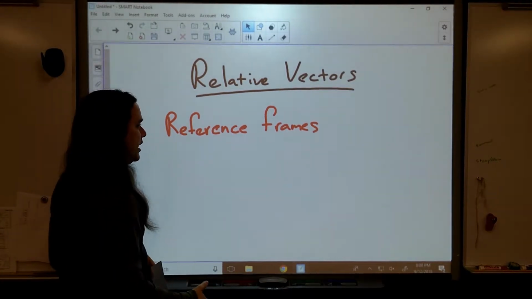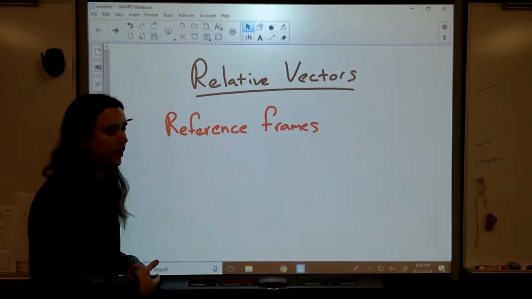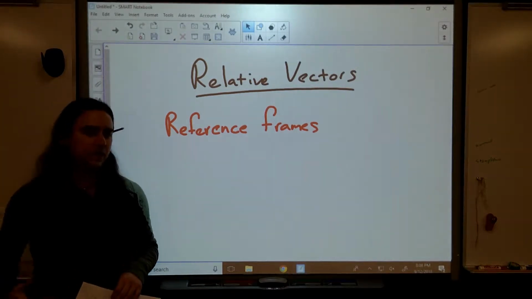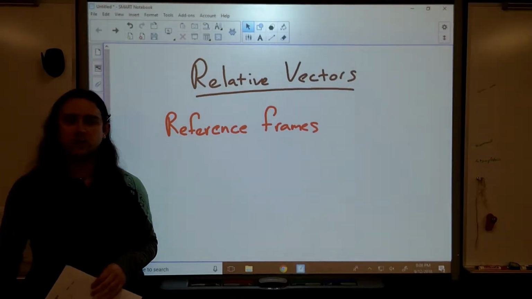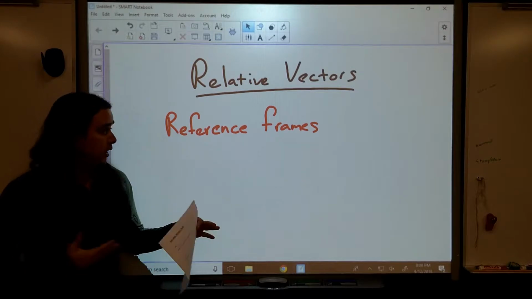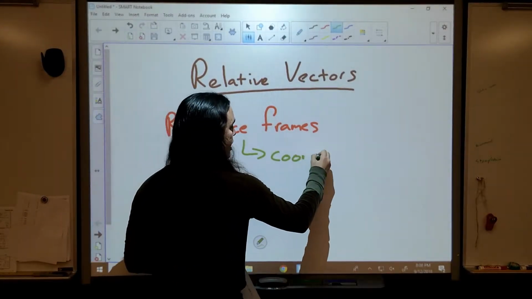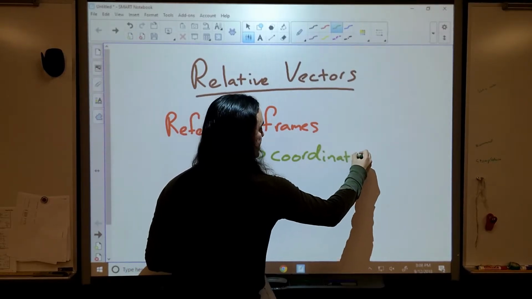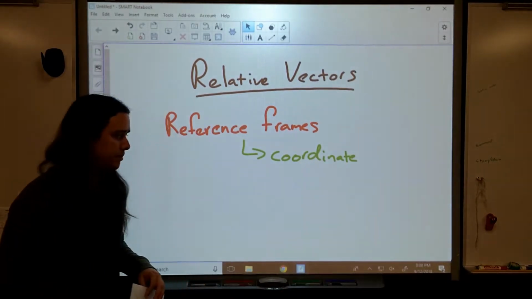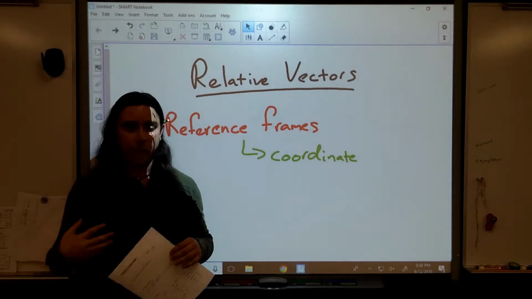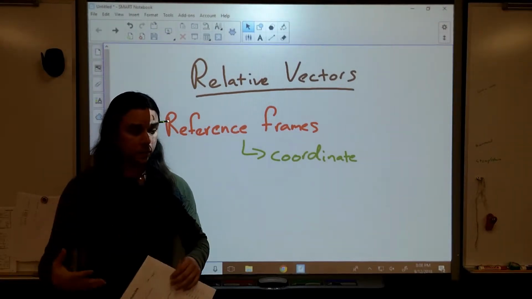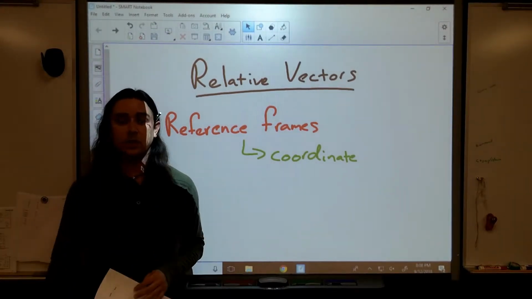In short, relative vectors are based off of something called reference frames. And reference frames are basically where you are, where you're setting up your coordinate system. In fact, reference frames are heavily geared around the idea of your coordinate system and how you are setting that up. So for example, my reference frame right now, and what we normally use in the context of our classes, is the classroom.